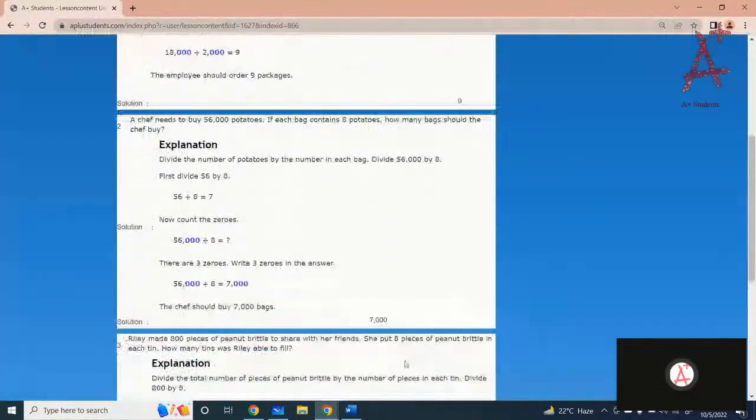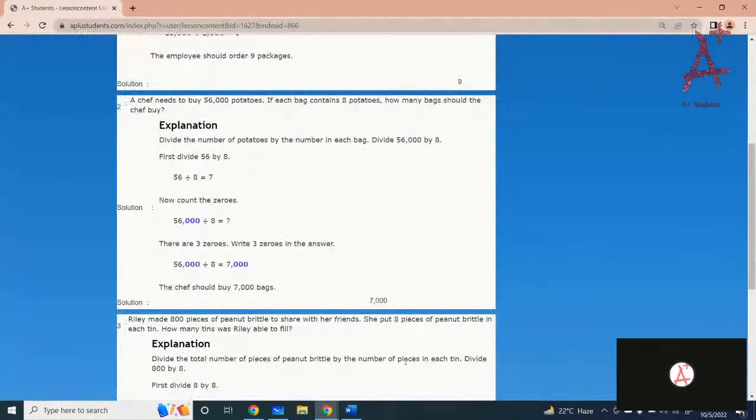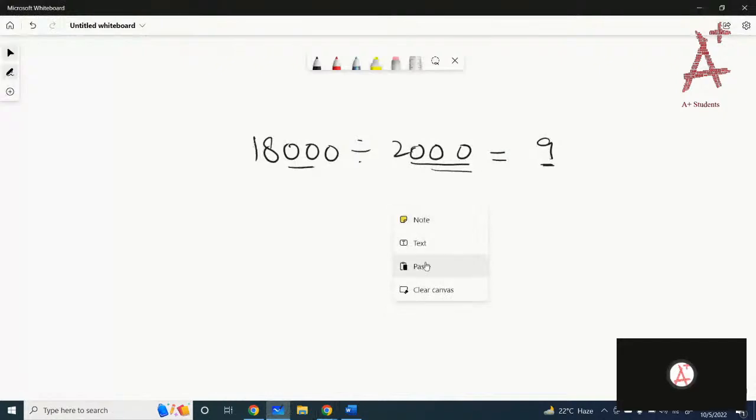Okay, let's read the next question. A chef needs to buy 56,000 potatoes. If each bag contains 8 potatoes, how many bags should the chef buy? Okay, so 56,000 divided by 8.